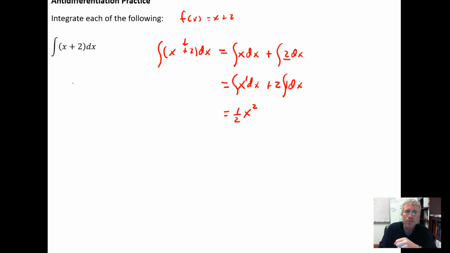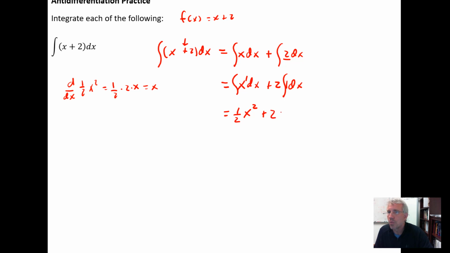When you check your work, if we take d/dx of 1/2 x squared, we get 1/2 times the exponent 2 comes down times x, and we get just a single x sitting there. So plus, I have a constant times the antiderivative of 1 dx, and we know that the antiderivative of 1 is just x, and then we're going to get plus a constant of integration.